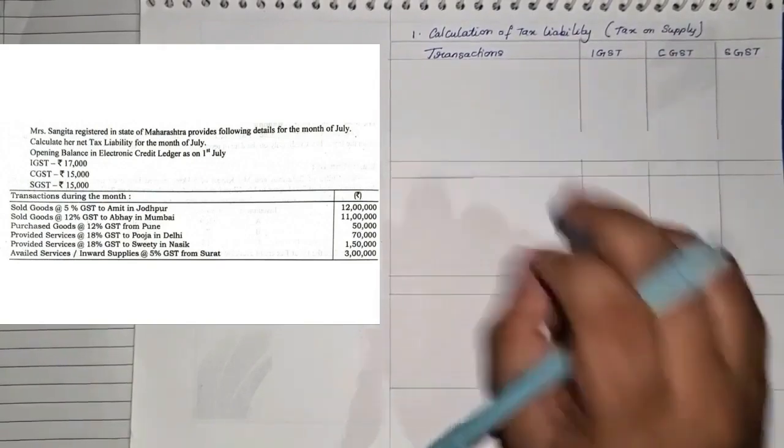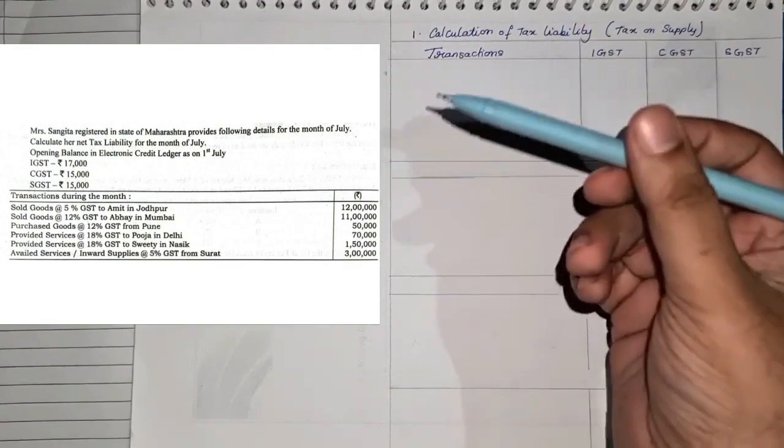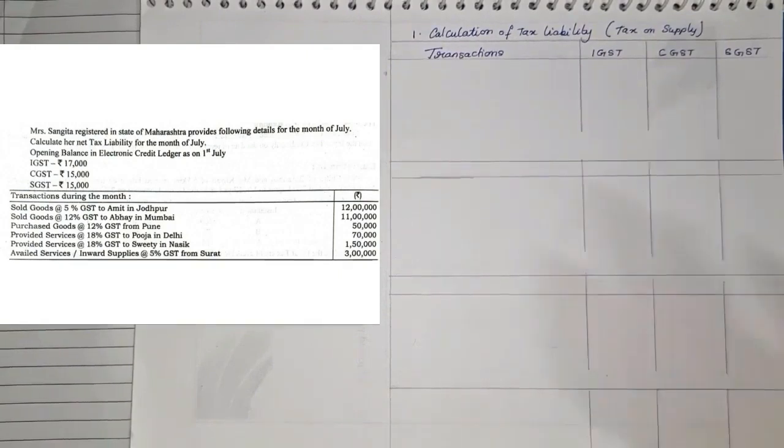Now very simple. This particular table will only include supply, whatever you're selling, whatever you're supplying, only that. The very first thing given in the transactions in the question is sold goods at the rate of 5% GST to Amit in Jodhpur. Now a very important thing, we'll read the question. It's given Sangeeta is registered in the state of Maharashtra.